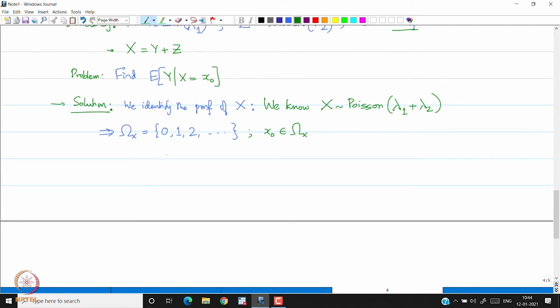As I said in the blackboard lecture, we first have to identify the conditional PMF of Y. What do we need?